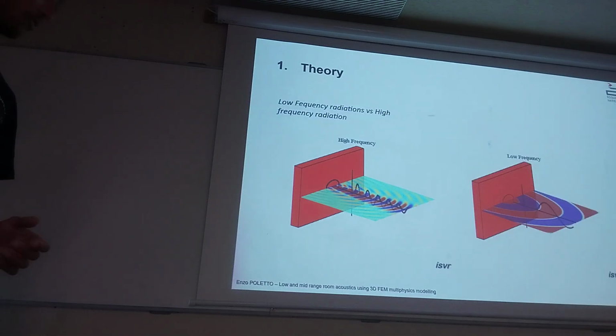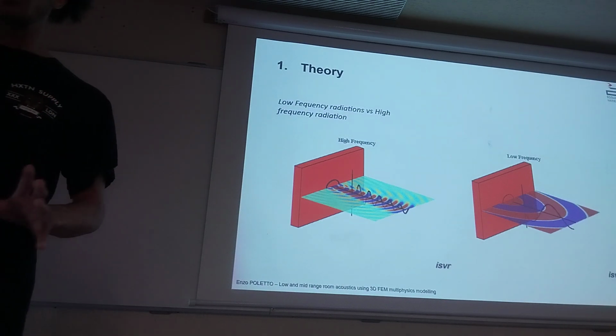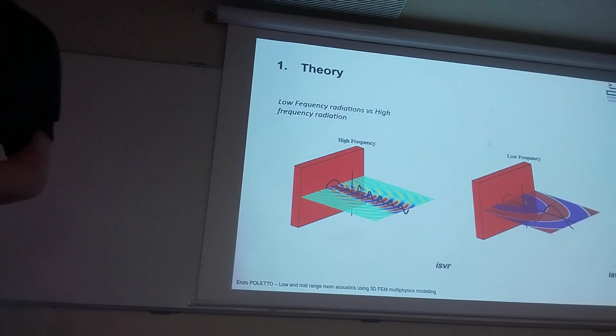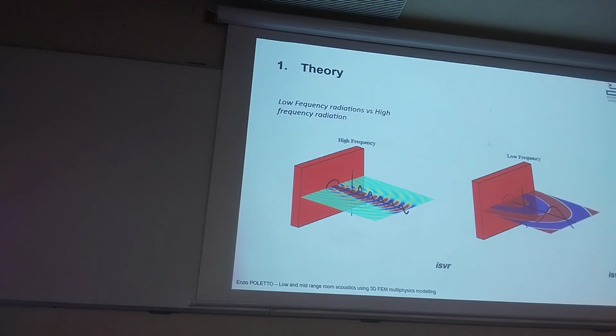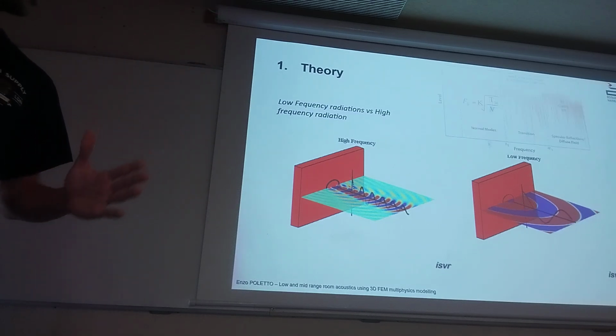So as I said before, we're going to divide the study into two different aspects: the low frequency, where the sound wave radiates into a nice isotropic shape, and the high frequency, which has much more directivity.